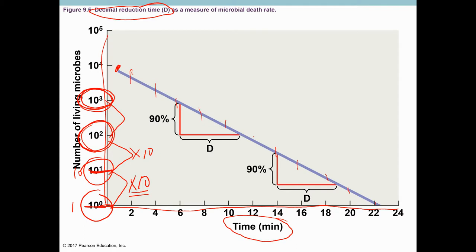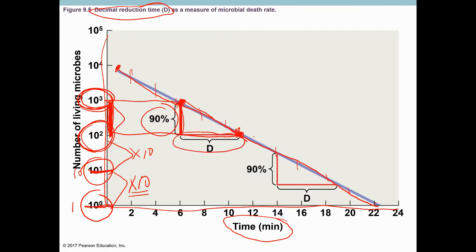So if you have a drop in the slope of your death rate that is equivalent to one of these divisions, then if you have 1,000 organisms at this point, and a little bit later you have 100, that one division drop in slope represents a 90% killing. So we call that the decimal reduction.